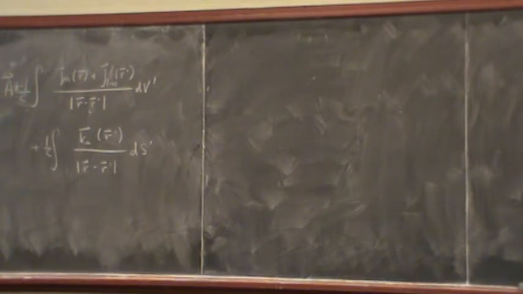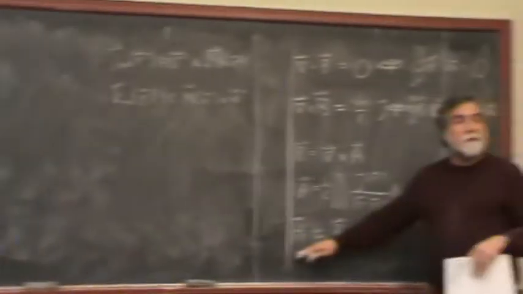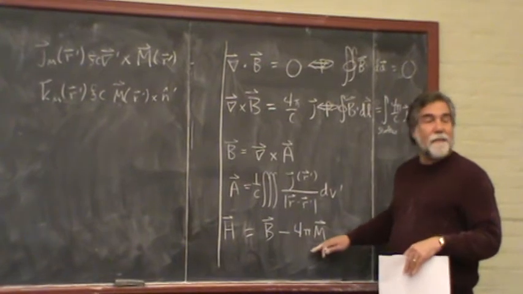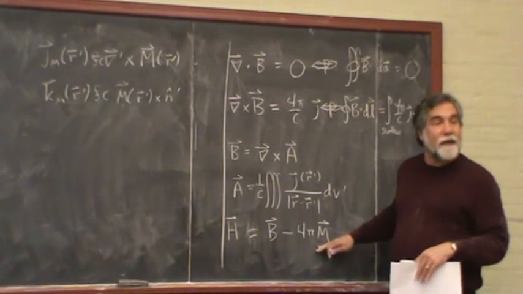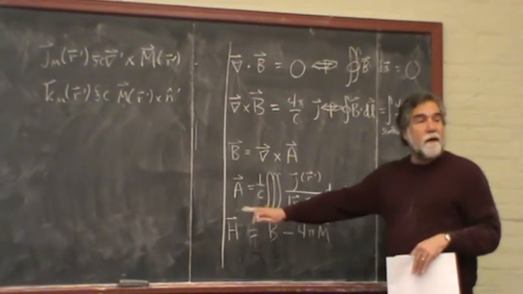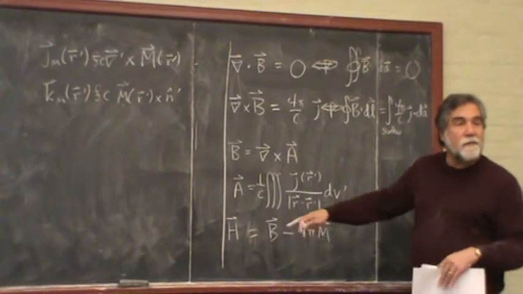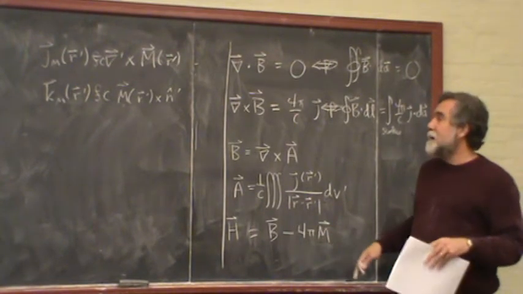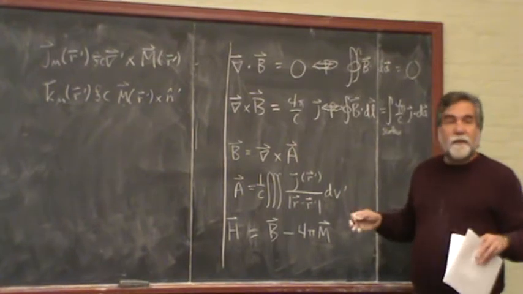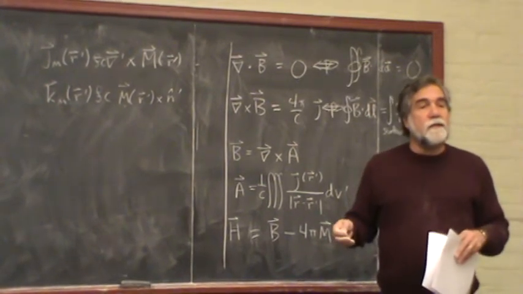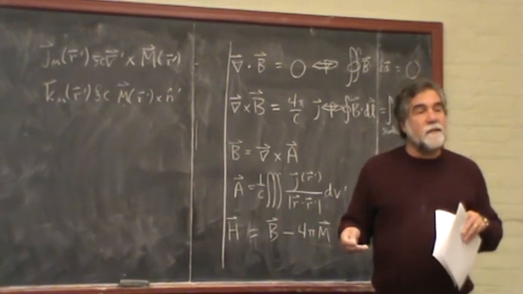I have defined the H field for you and the magnetization, and we've been talking about magnetization. So I don't have to take any time to define that relationship. But what I should end up with here are a couple of rules with respect to the boundary conditions.